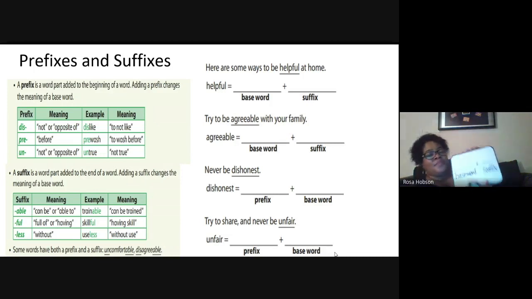Okay, you ready? What was the base word? You got it. Agree. Agree is the base word. And the suffix is able. That's right. A-B-L-E. Absolutely correct.